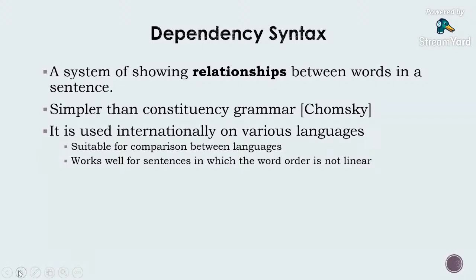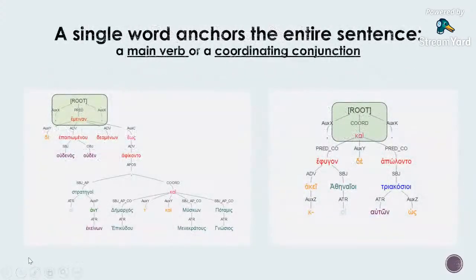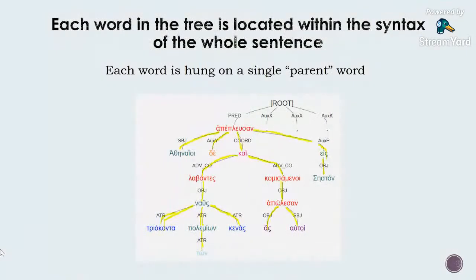The basic principle behind it is that a single word anchors the entire sentence, and usually it is the main verb, called a predicate, or a coordinating conjunction with several main verbs, as you see on the right, a kai, the word and. Every word in the tree is located within the syntax of the whole sentence. So you cannot hide. You cannot just translate the words and rearrange them to make a sentence.